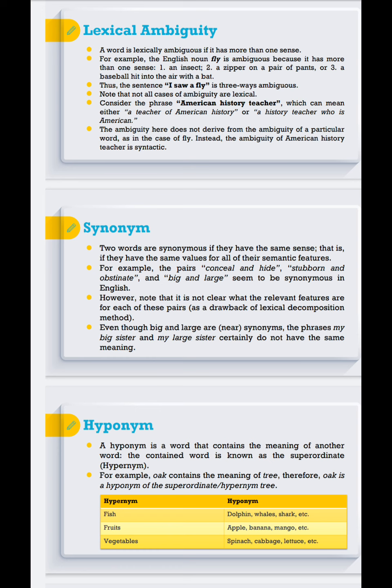Apple, banana, mango, and others are hyponyms of the superordinate or hypernym fruit. Spinach, cabbage, lettuce, and others are hyponyms of the superordinate or hypernym vegetable.